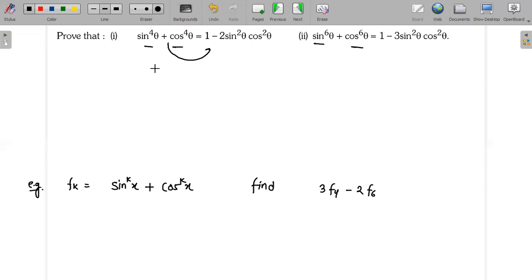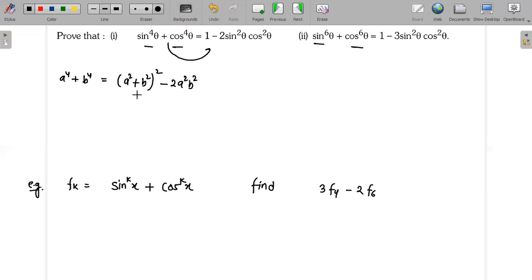So regarding sine to the power 4 theta plus cosine to the power 4 theta, I am going to apply this algebraic formula: a to the power 4 plus b to the power 4 is a square plus b square whole square minus 2 times a square b square. Now the real question is why I'm using this identity. The reason is that I know a relation in a square plus b square, which eventually becomes 1.